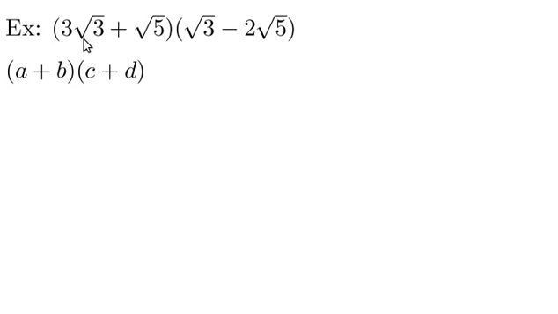This whole thing here, the 3 root 3, is going to be your A, this is going to be your B, C, and D, except we've got a minus, so the minus 2 root 5 is going to be the D. That means we're going to handle it the same way. We're going to distribute these two, or if you want to use the acronym, you can FOIL it: first, outers, inners, last.